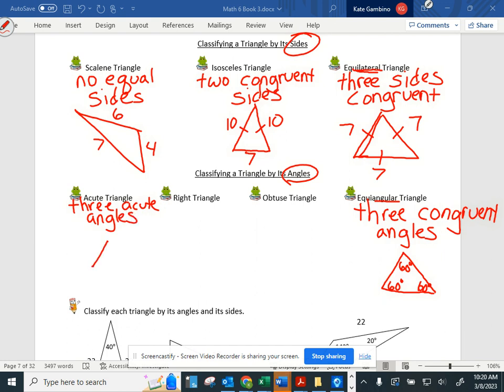So it might look something like that. It could be 60 degrees, 40 degrees, 80 degrees. As long as each of its angles is less than 90 degrees, it is an acute triangle because all of the angles are acute.